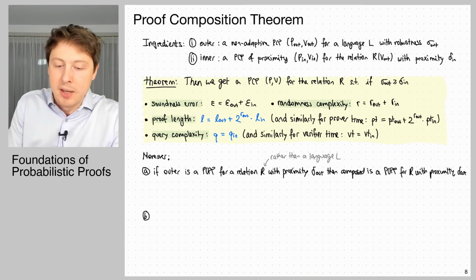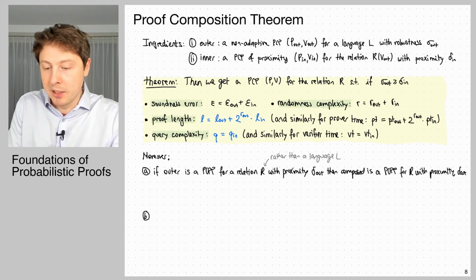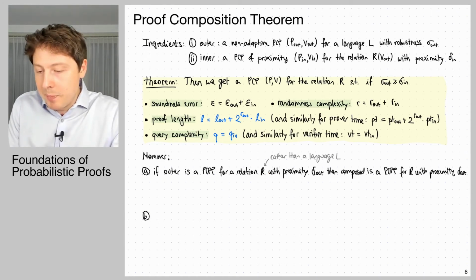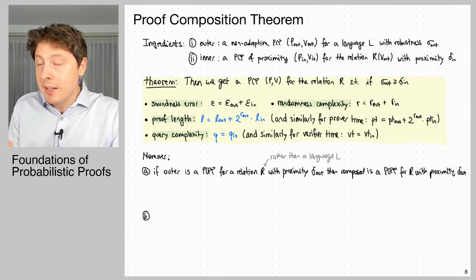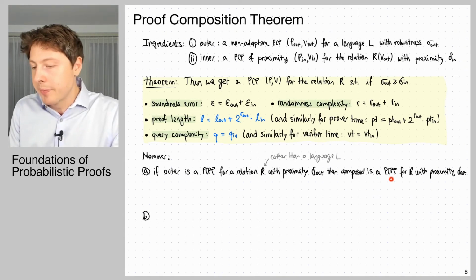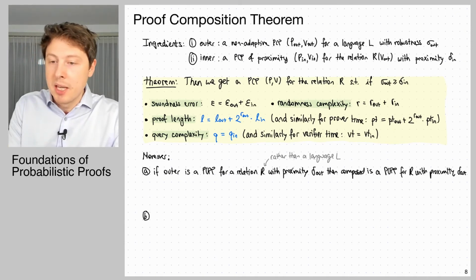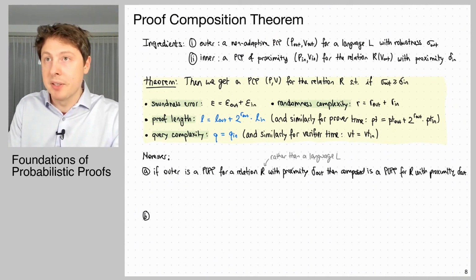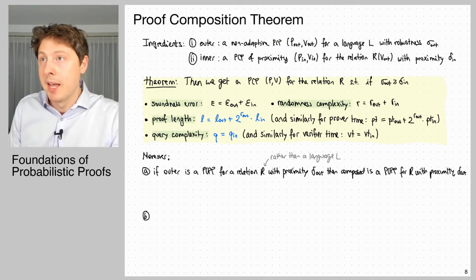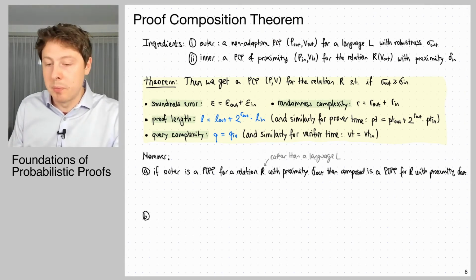But suppose the outer is in fact a PCP of proximity for a relation rather than a language, and has some proximity parameter delta out. Then the composed proof system is a PCP of proximity for the same relation with the same proximity parameter. So if the outer, in addition to being robust, is a proof of proximity, then we don't mess it up through proof composition.